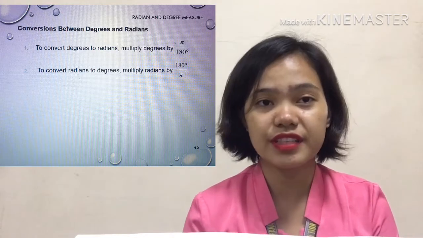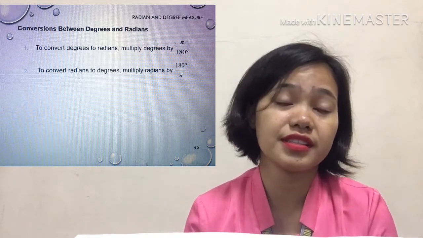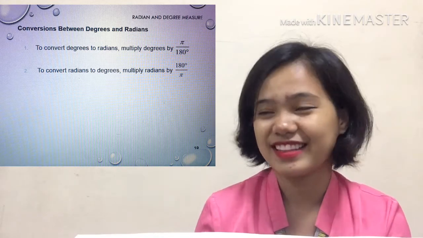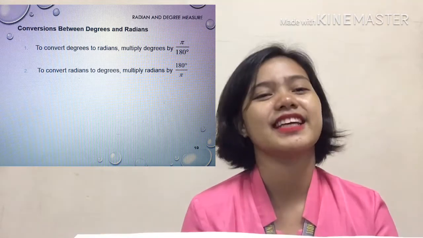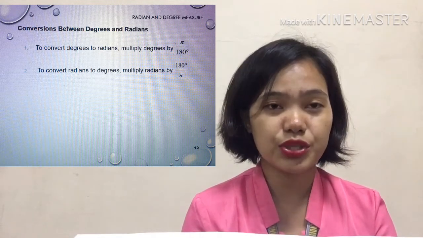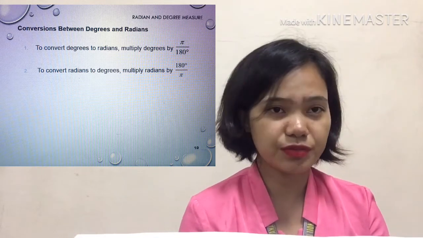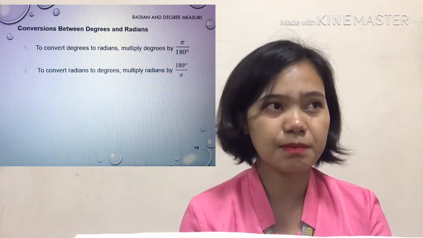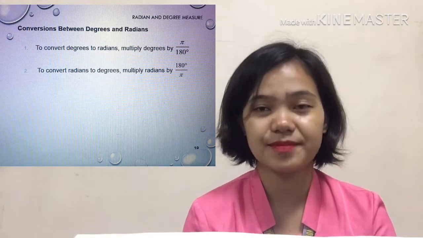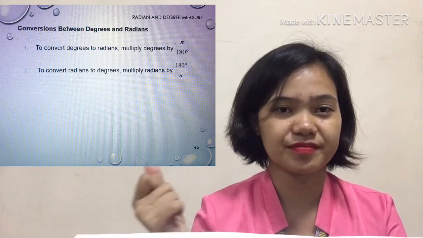Conversions between degrees and radians. So how are we going to convert degrees to radians and radians to degrees? Well, this is how we do it. To convert degrees to radians, simply multiply the degrees by pi over 180 degrees.